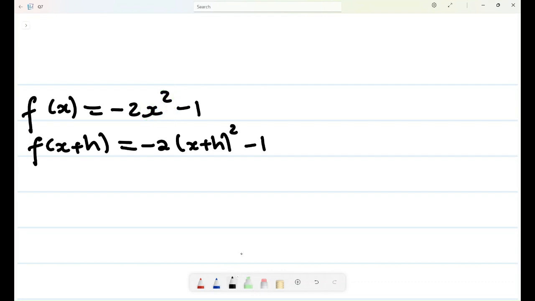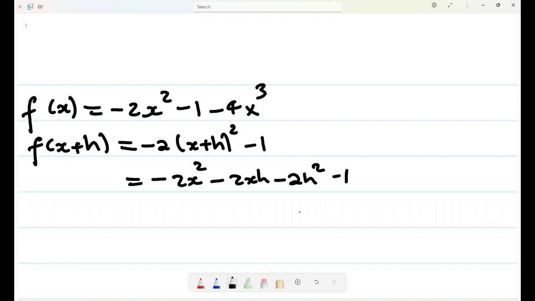Even if we had minus 4x cubed, the one with the highest degree power should vanish. Okay, you'll see what I mean. When you simplify this, you get negative 2x squared minus 2xh minus 2h squared minus 1.